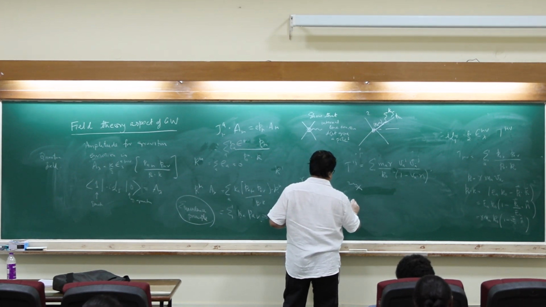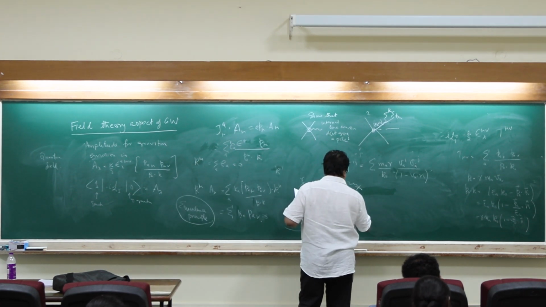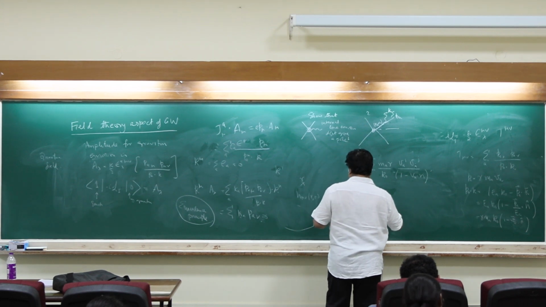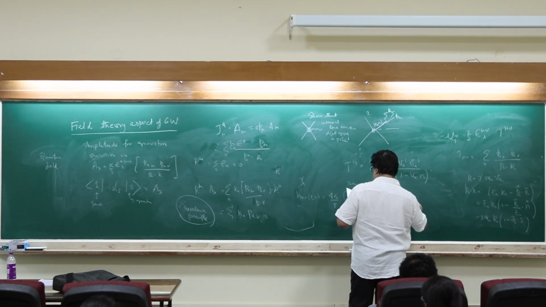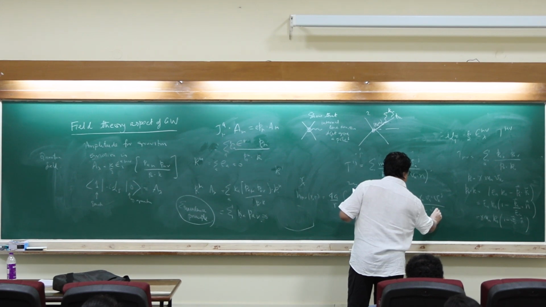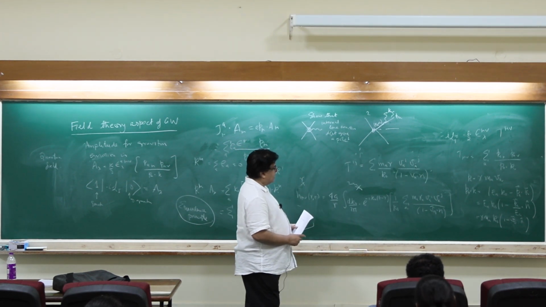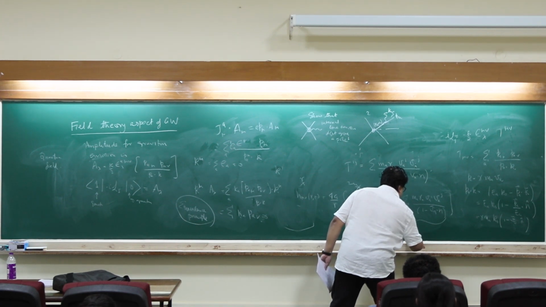Okay, and so I'll write the dk naught upon 2 pi, and this part is my Tij in momentum space, right?